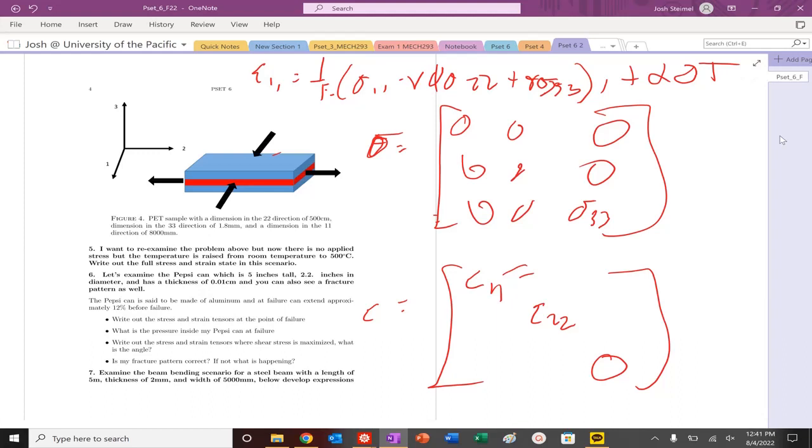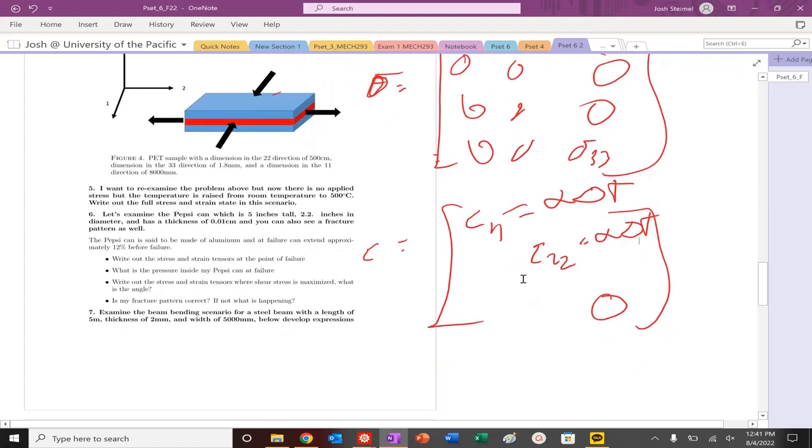So for this problem, when there's no applied stress, it's just going to be alpha delta T. Excellent. And then we can actually figure out what is the sigma 3.